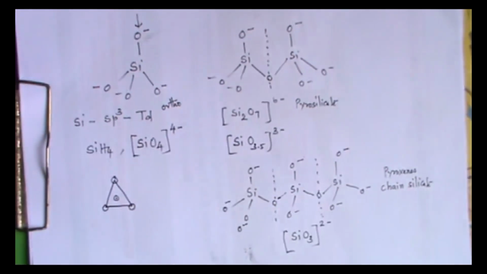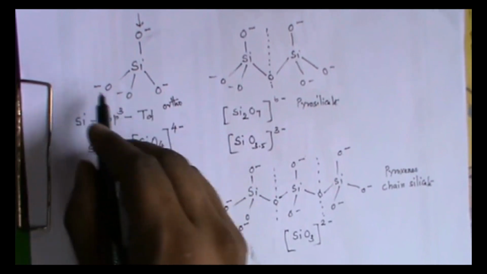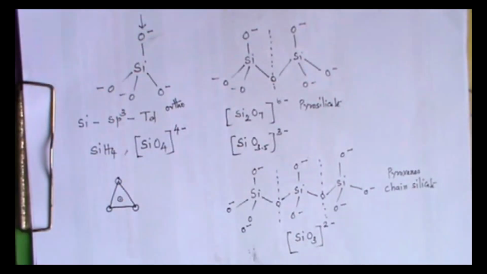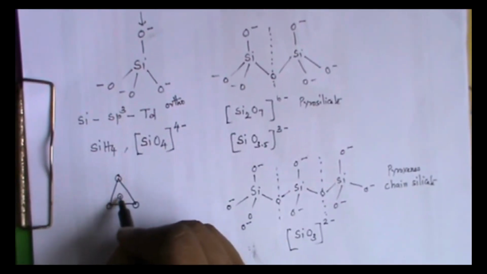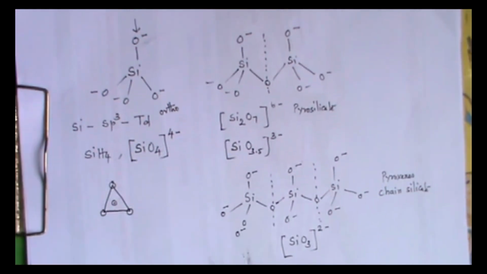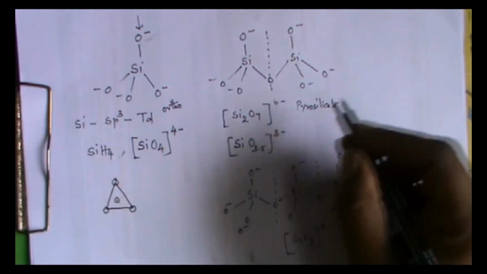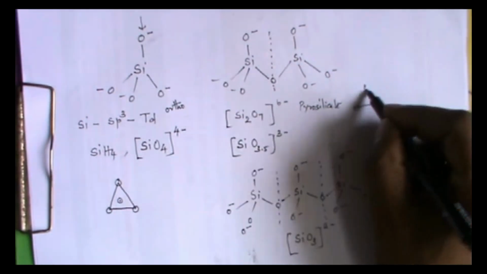Since the geometry is tetrahedral, these three oxygen atoms will be at the corners of a triangle. In fact, you will not be able to see the silicon atom because you are viewing through this axis. Only the oxygen atoms will be visible to you. The silicon atom will be in the middle, so that's why we give silicon as a dot. This one can be written like this.